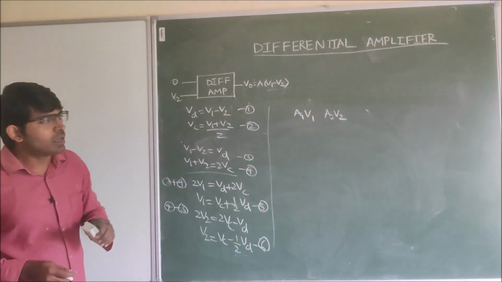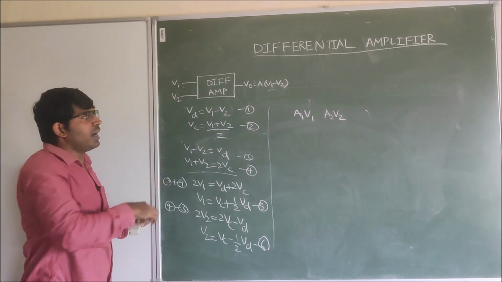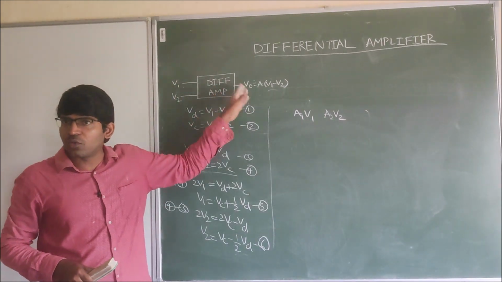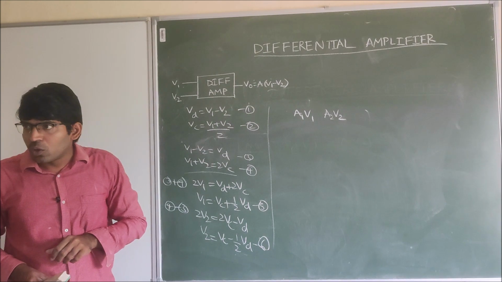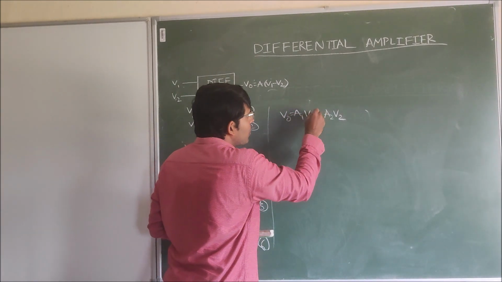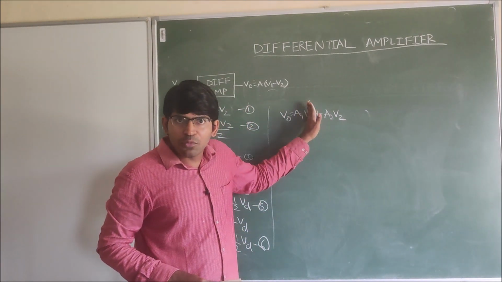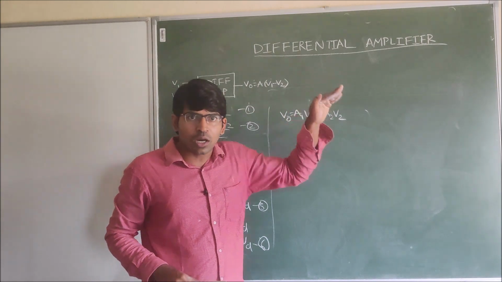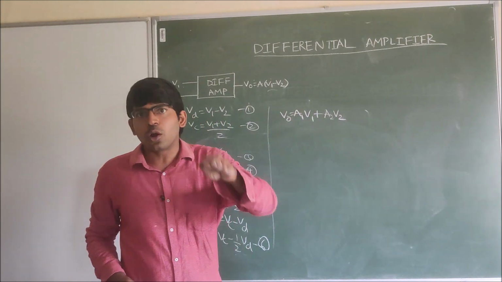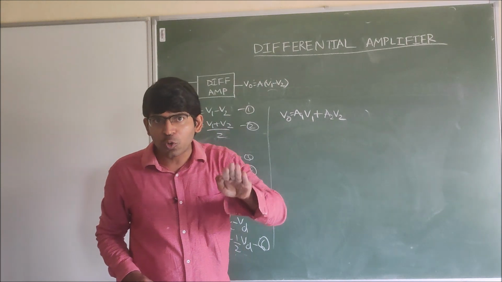So what we have done is remove one voltage input and check the output, then remove the other voltage and check the output. Now the total output should be the combination of A1 V1 plus A2 V2. We got A1 V1 when V2 is grounded, and A2 V2 when V1 is grounded. The summation of these two gives the output voltage.